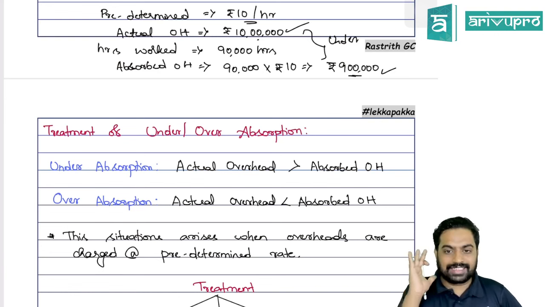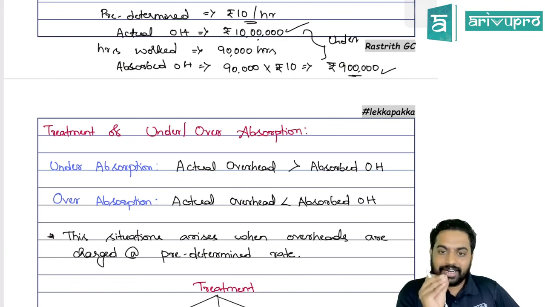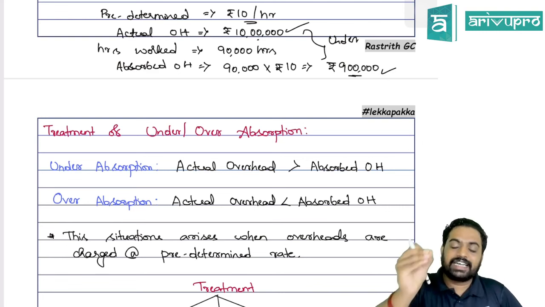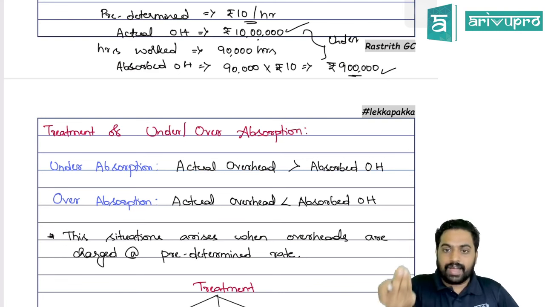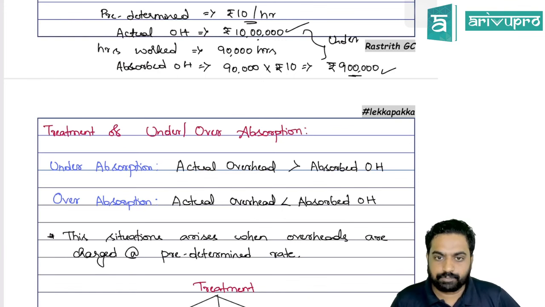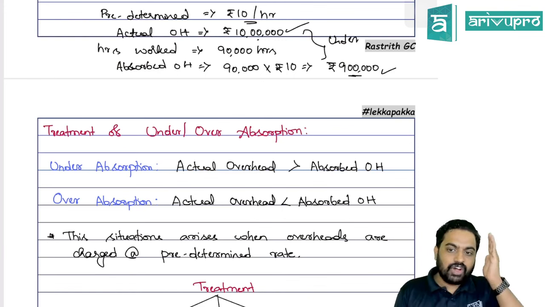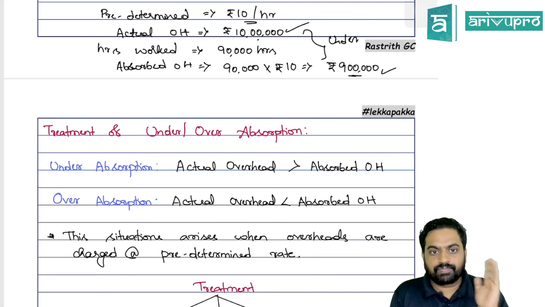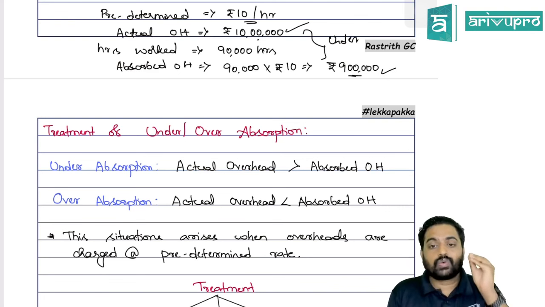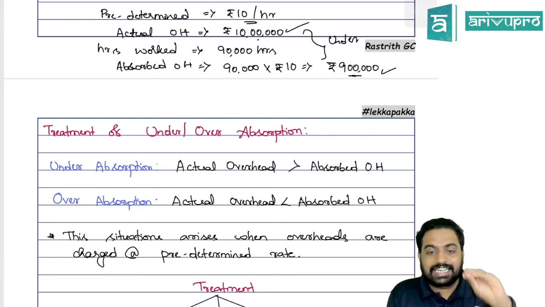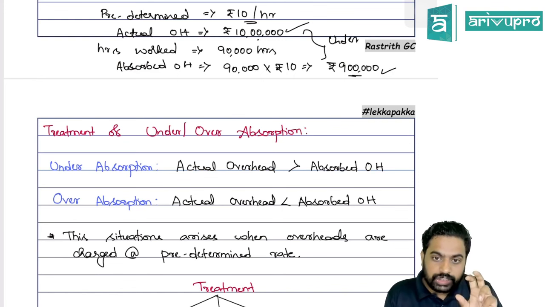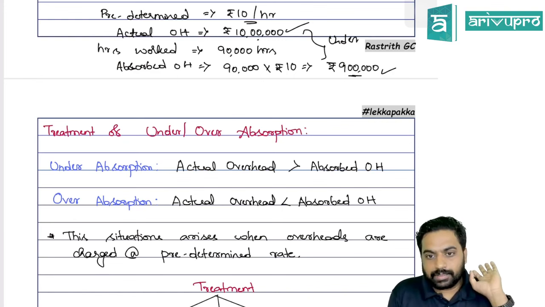And always remember one thing: the concept of under absorption or over absorption will come only when you have ascertained your overhead rate on a budgeted basis, using the predetermined rate.